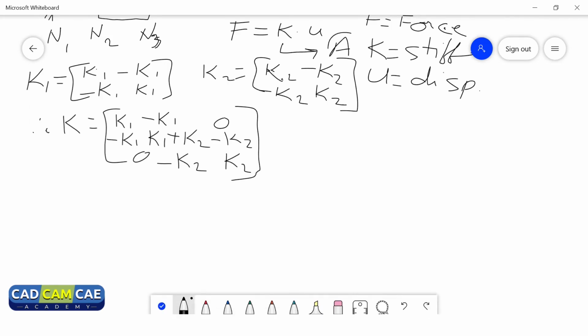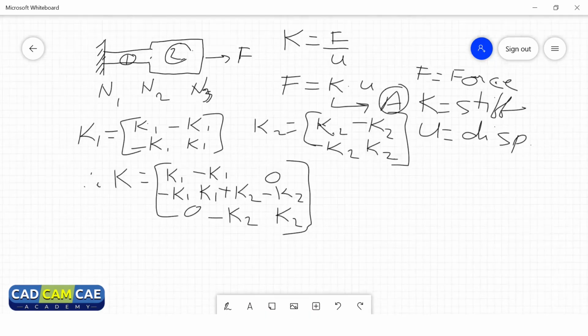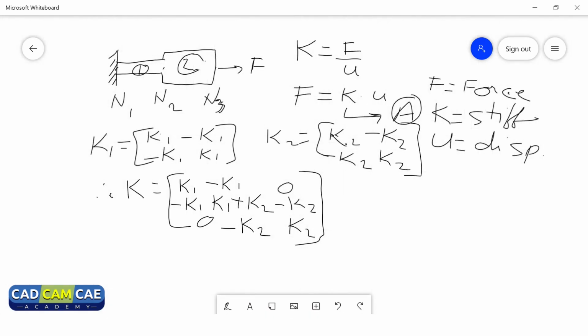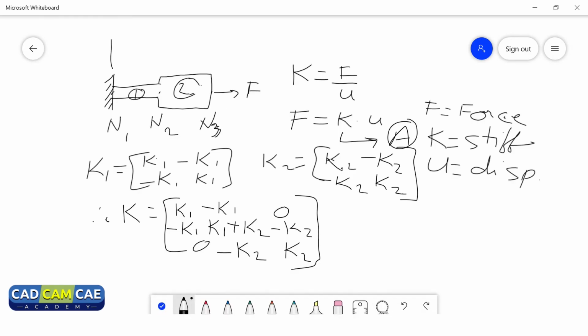Suppose this is equation number A. We will put our global stiffness matrix in equation number A. So here, the displacement and force at this point will be U1, F1, at this point U2 and F2, and at this point U3 and F3.